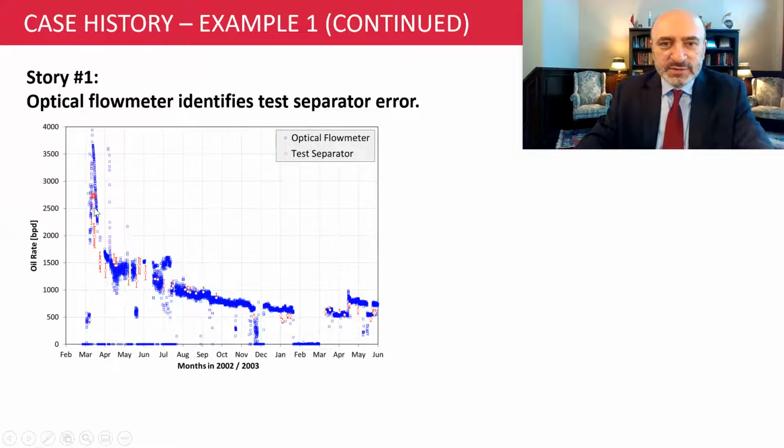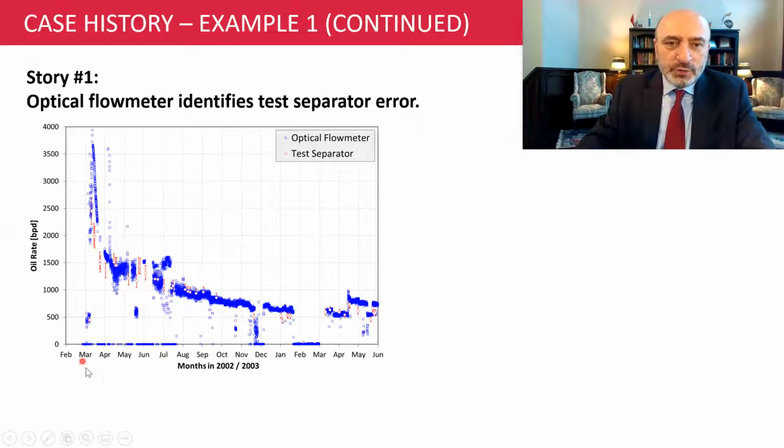The blue markers are the real-time continuous data from the optical flow meter, while the red markers, the distinct data points, belong to the test separator, and the frequency of this data set was 1 test separator measurement every 2 weeks.